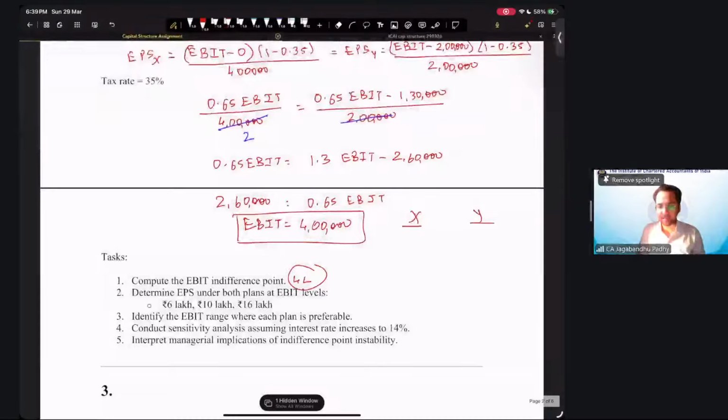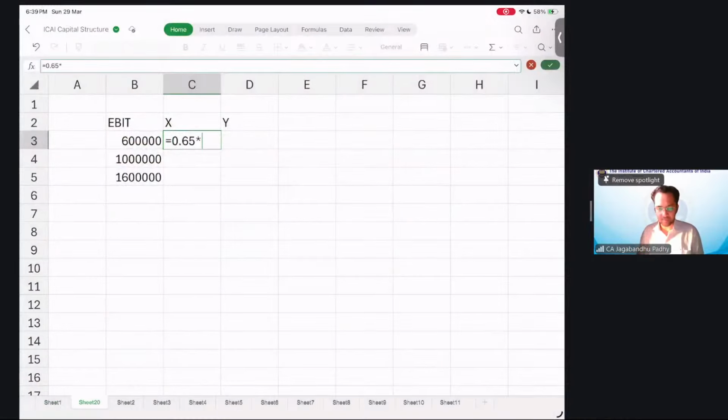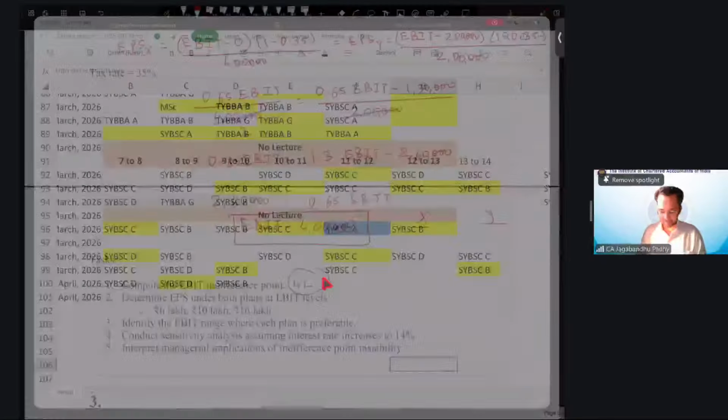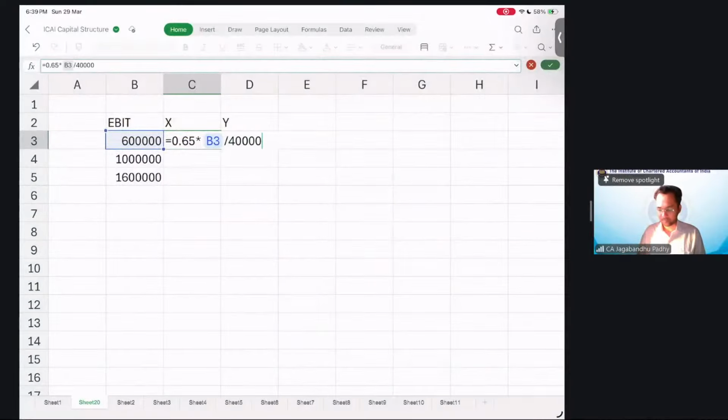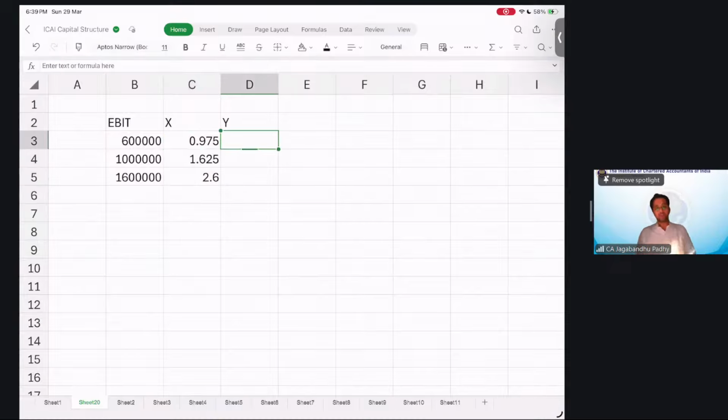For plan X, there's no interest, so I can simply use 0.65 into EBIT divided by number of shares, which is 4 lakh. These are your EPS.